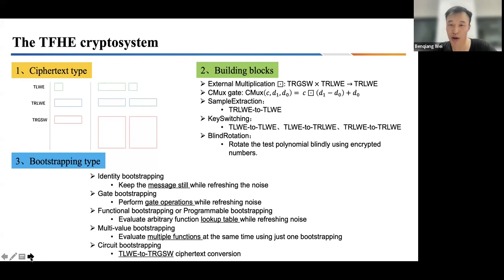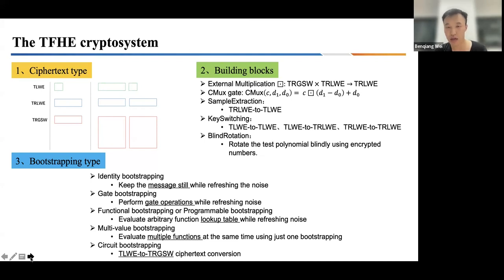And we have some very important building blocks. The first one is external multiplication. External multiplication is the multiplication of a TRGSW ciphertext and a TRLWE ciphertext, and its output ciphertext is TRLWE.